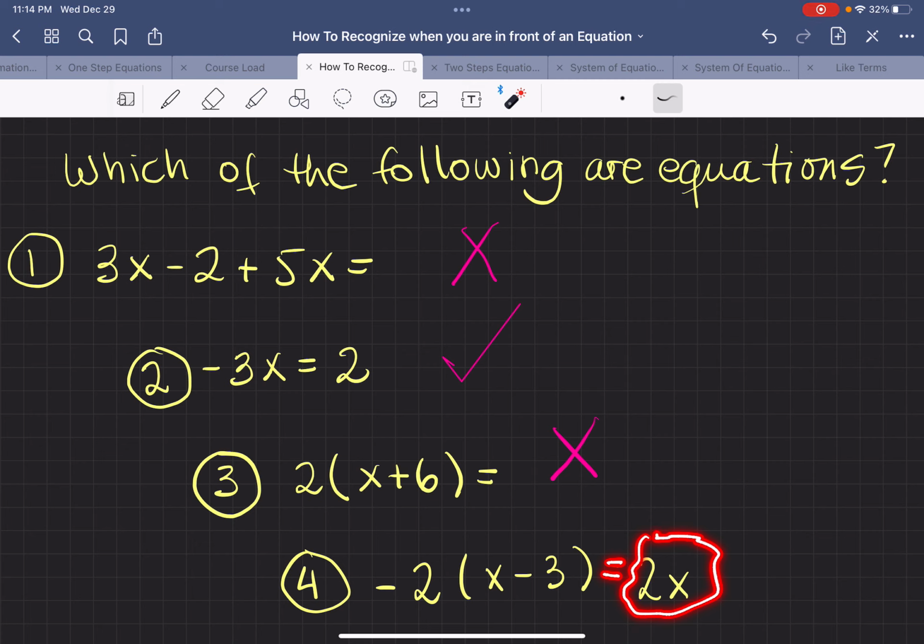It could be a number, a letter, even 0. But if it's equal to something, that is an equation. So this is an equation, which means I need to solve for x. I need to do a couple of steps so I have x by itself on one side of the equation equal to something.